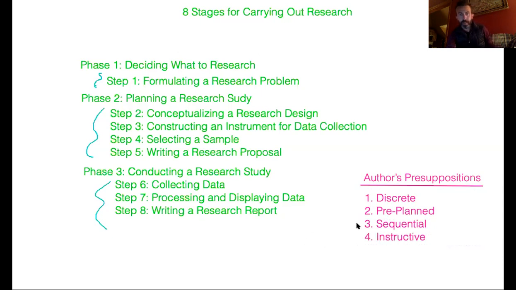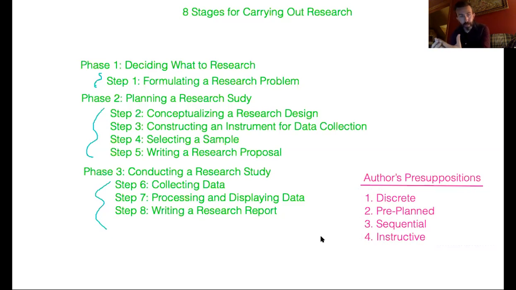Okay, so I've noticed there may be more here, but just based off of this, what I'm noticing from the author's presuppositions about how research is done is, first, there are discrete stages or steps or phases, if you like. Discrete, meaning they each stand on their own, right?